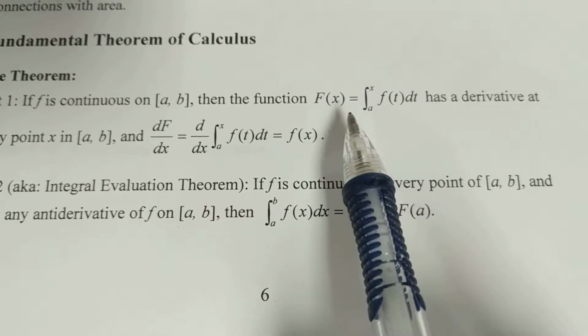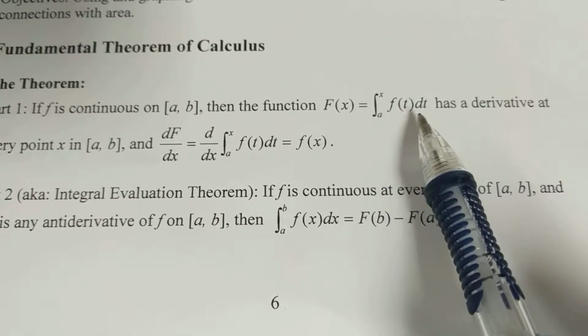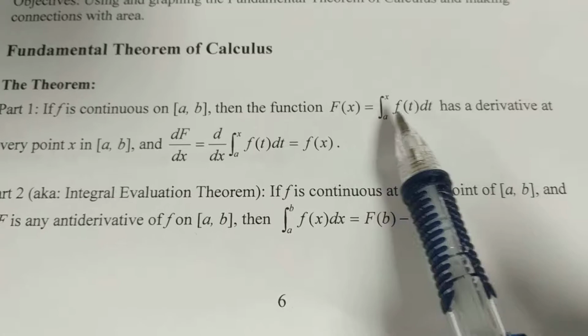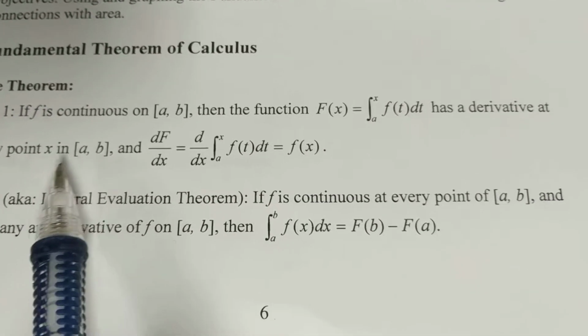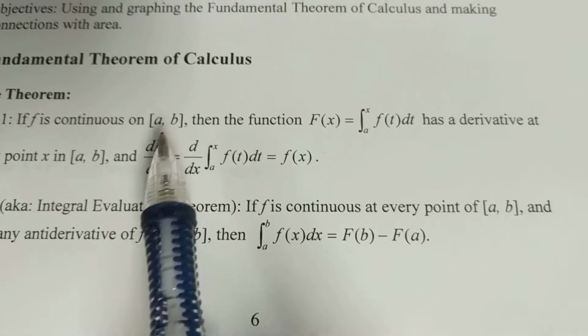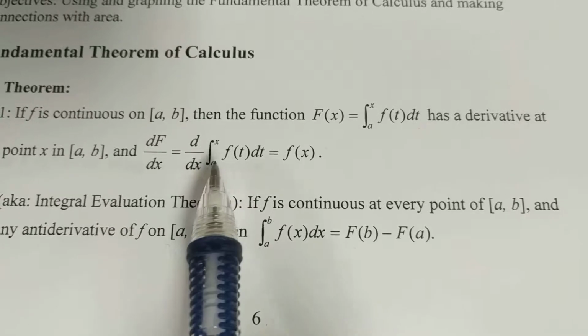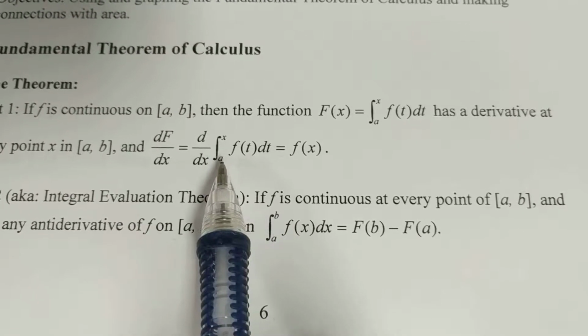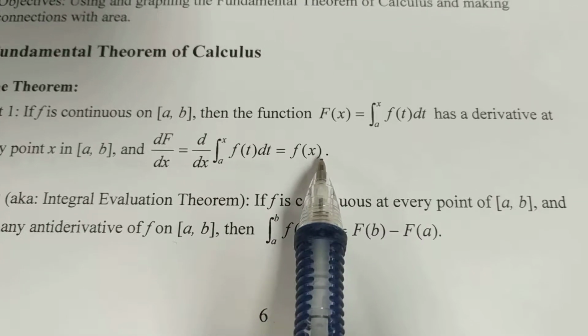So capital F of x equals the integral from a to x of f of t dt. And it says it has a derivative at every point x in that interval. So if I do the derivative of F, this is the common sense part. If I do the derivative of the antiderivative, we end up with just the function.